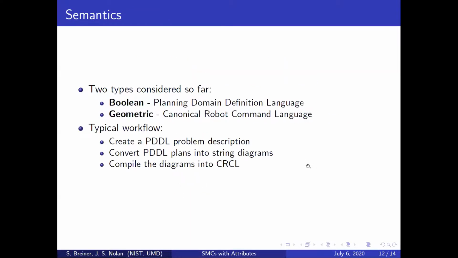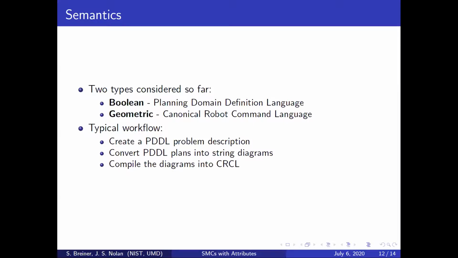So we've also done some work on considering the semantics of categories with attributes. Two main types are described and outlined in the paper. There's a Boolean context, which relates to the Planning Domain Definition Language, which is used a lot in plan-based artificial intelligence.